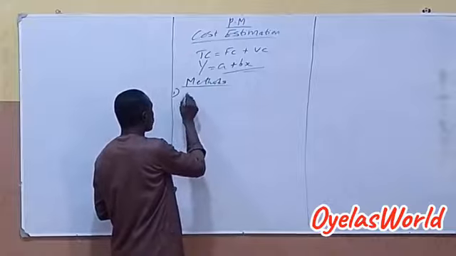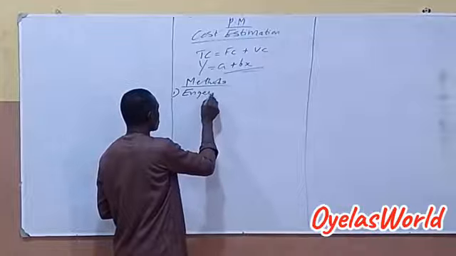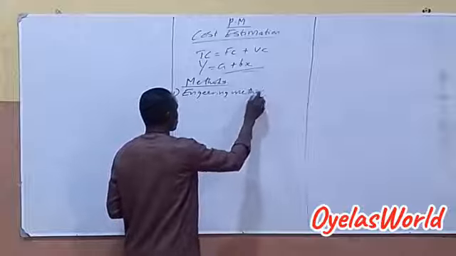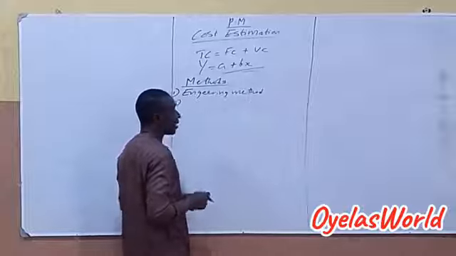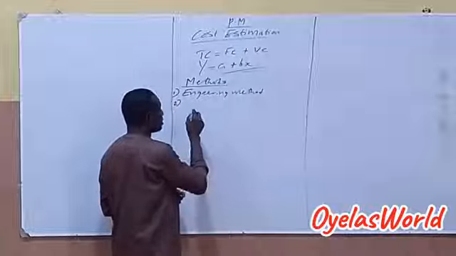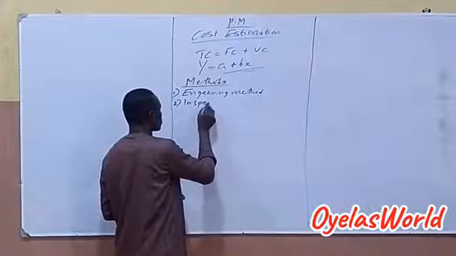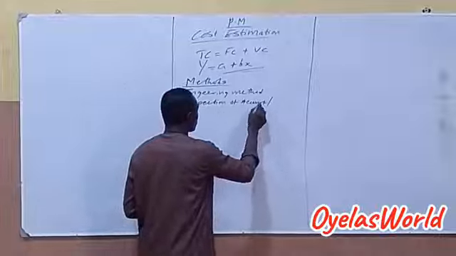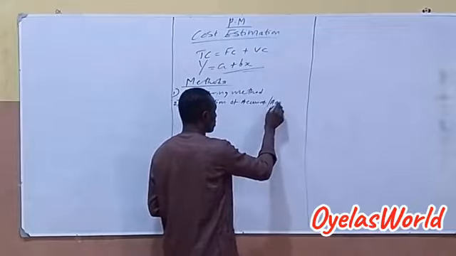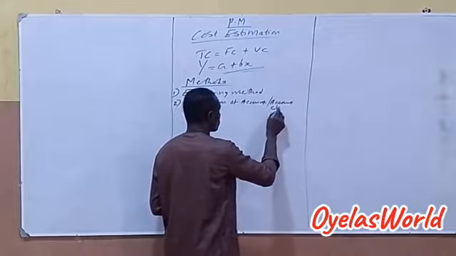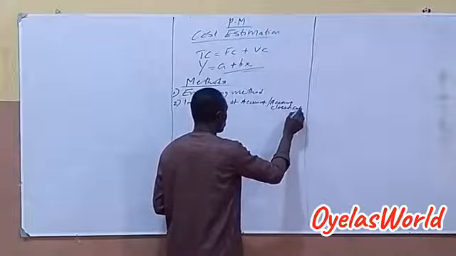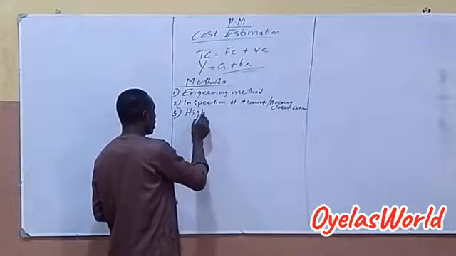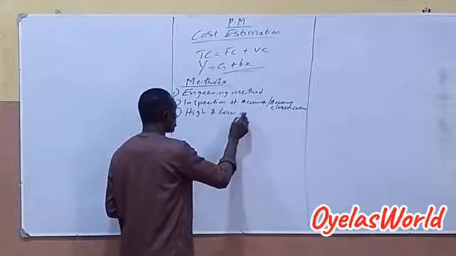one, we have the engineering method. Two, we have inspection of account, or you call it account classification. Third, we have the high and low method.